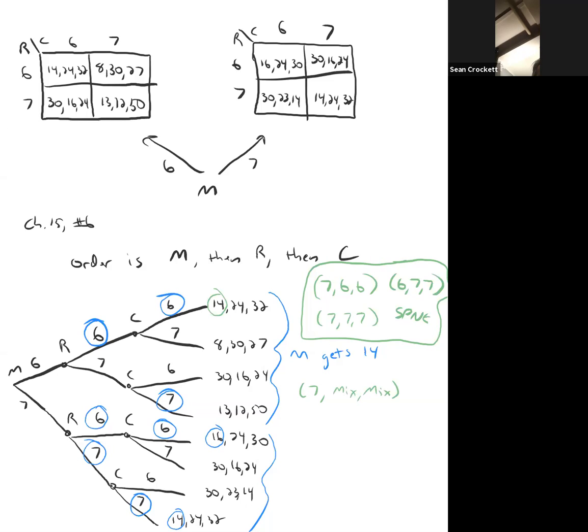And then we also said that there was the one where player 1 mixes and players 2 and 3, or R and C, play 7-7.